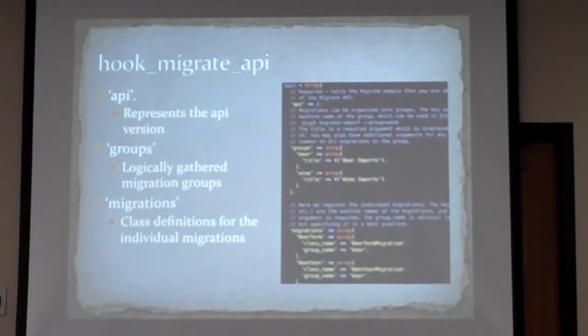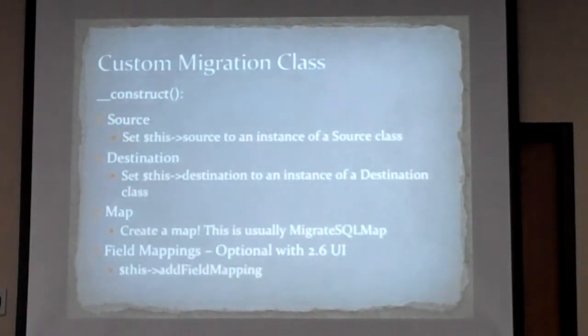There are only a couple of things in there, like the API, that's always going to be set to 2. There's a set of groups, which logically gathers your migration data together with one another, and I'll show a live example of how that works in a minute. And then your migrations array, which basically just says, these are the migrations I've written, this is what they're called, this is how you get data into them, and whatnot.